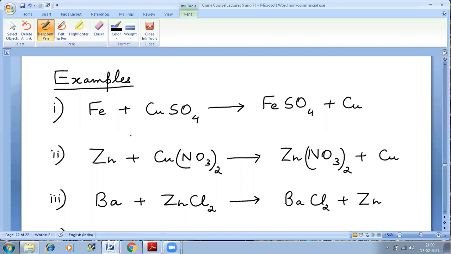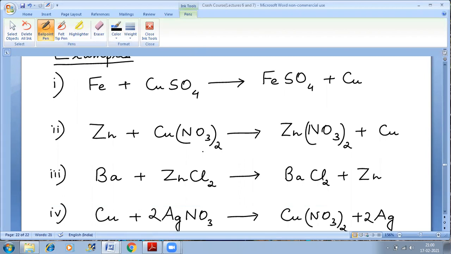Similarly, zinc is more reactive than copper, and so zinc can displace copper from copper nitrate and form zinc nitrate as one of the products. Barium is again more reactive than zinc. So barium can displace zinc from zinc chloride.